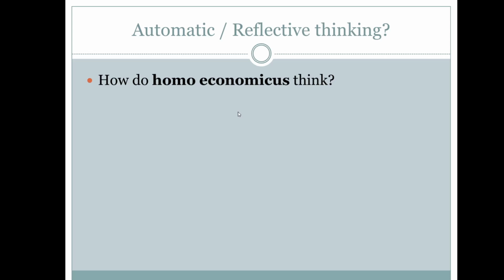When we talk about Homo economicus, we know the characteristics of Homo economicus, but how do they think? If we have their characteristics listed out, how do they think?